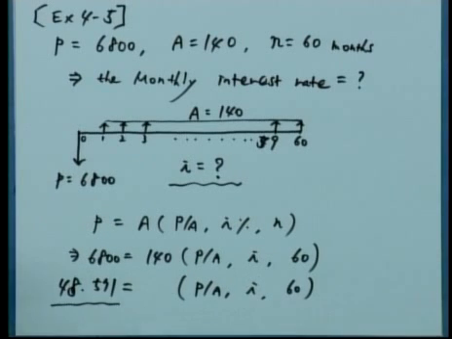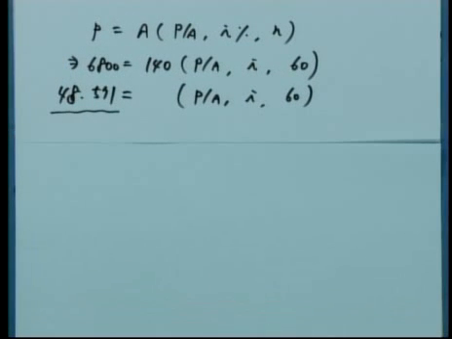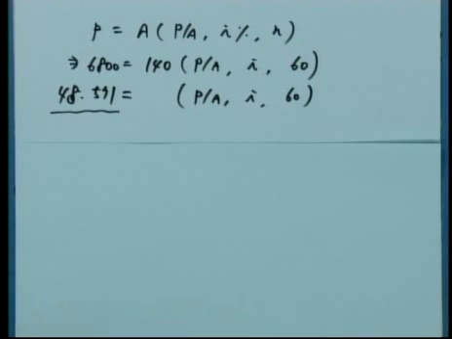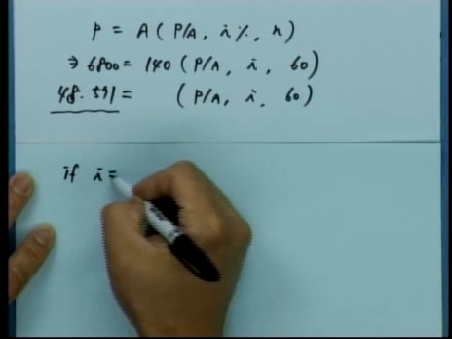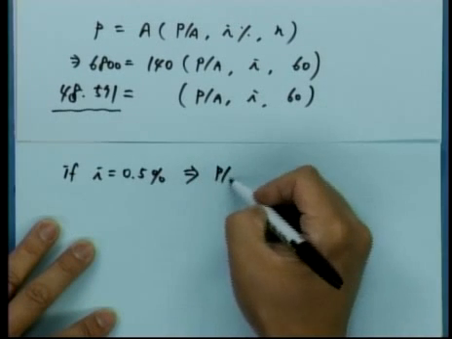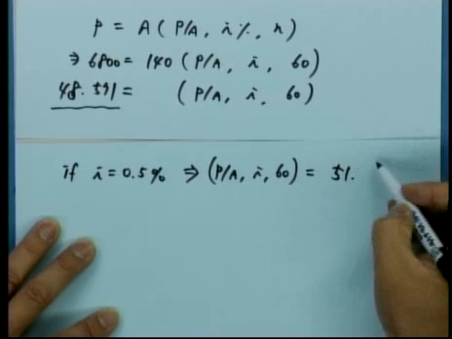So in order to use the interpolation, first, from the compound interest table, we obtain two interest rates, the two closest interest rates, because we want to minimize the error. So first you need to find the two closest interest rates, which is 0.5%. If I equals 0.5%, then this factor value P given A, I over 60 periods equals 51.726.